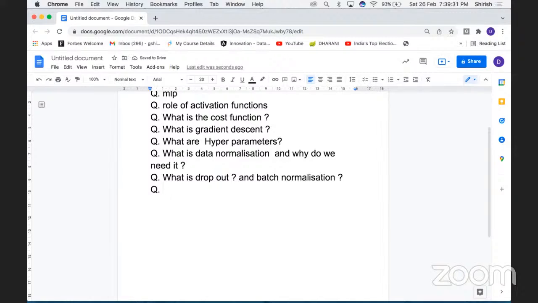Batch gradient descent and stochastic gradient descent. What is the difference between batch gradient and stochastic gradient optimizers?